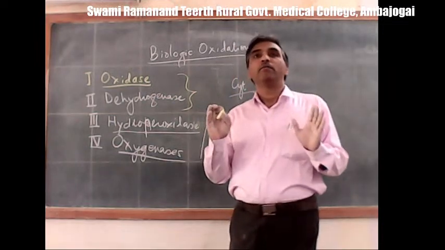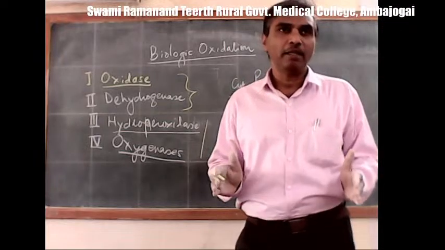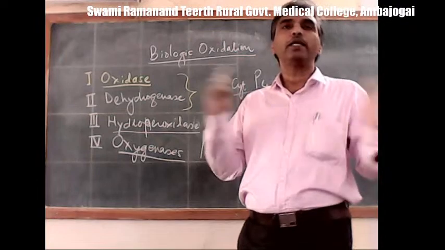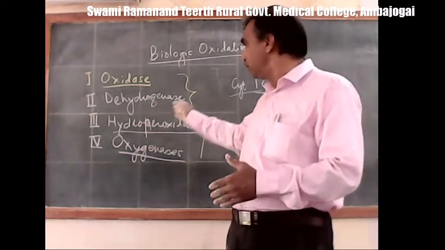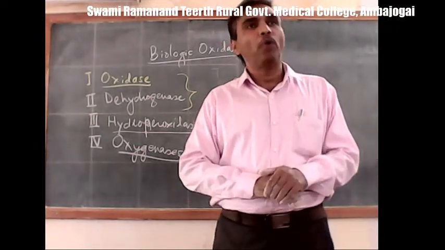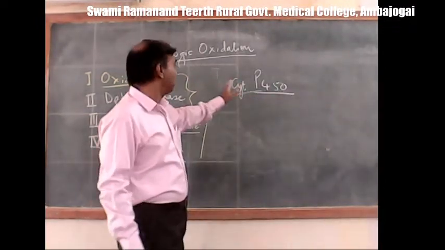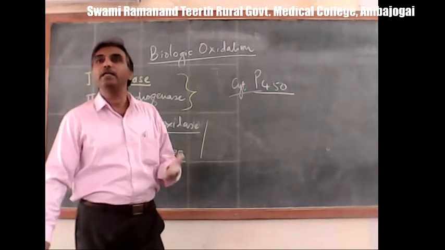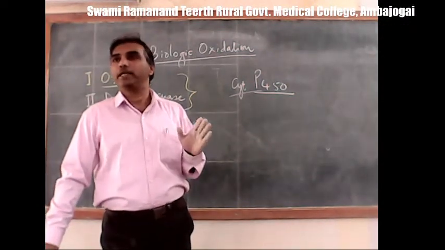So now it is clear that not all the oxidation that occurs in our body is for the capture of energy. Some oxidative processes are used for hydroperoxidase and oxygenase reactions, which are also important for our body. Nevertheless, we will see the enzymes important for oxidative phosphorylation, because we are studying biological oxidation in context to oxidative phosphorylation.